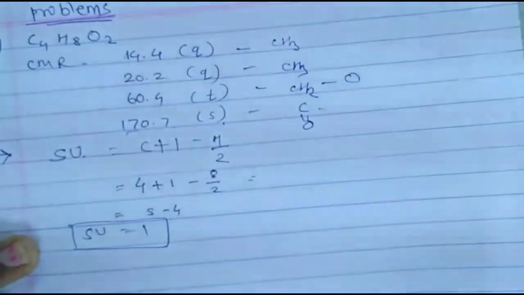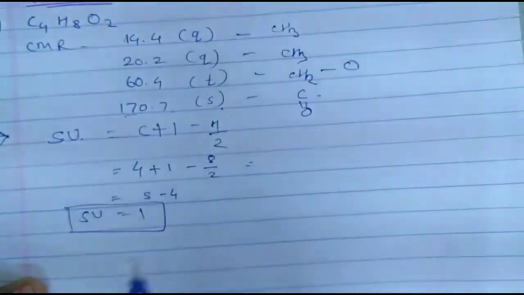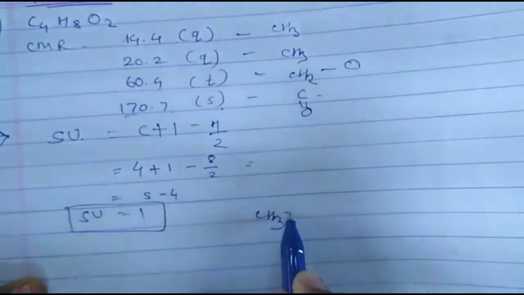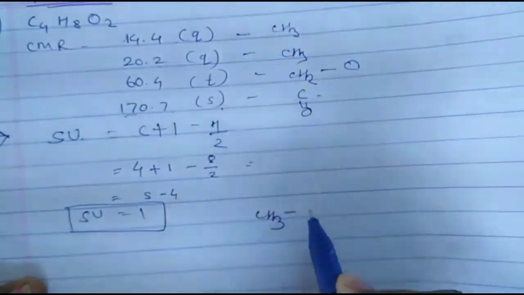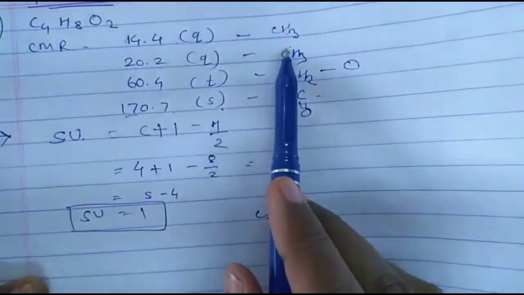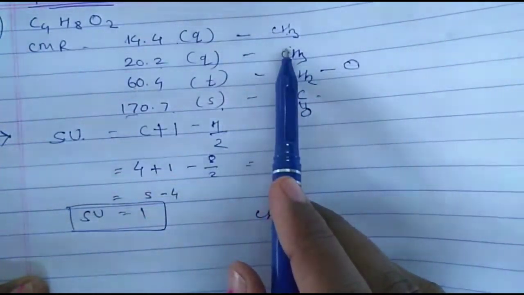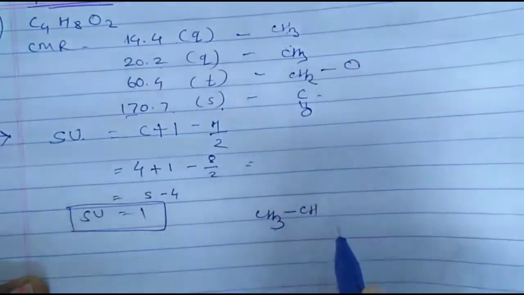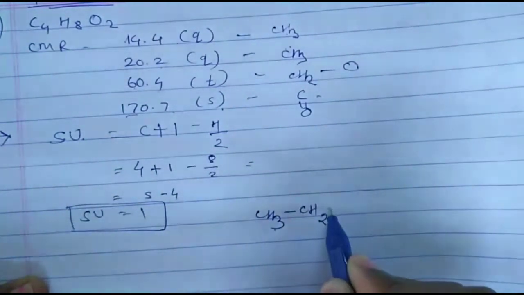Okay, so let's draw the structure. The lowest value is CH3. These two CH3 have different environments, that means they are not near to each other. That's why near to CH3 there must be CH2.